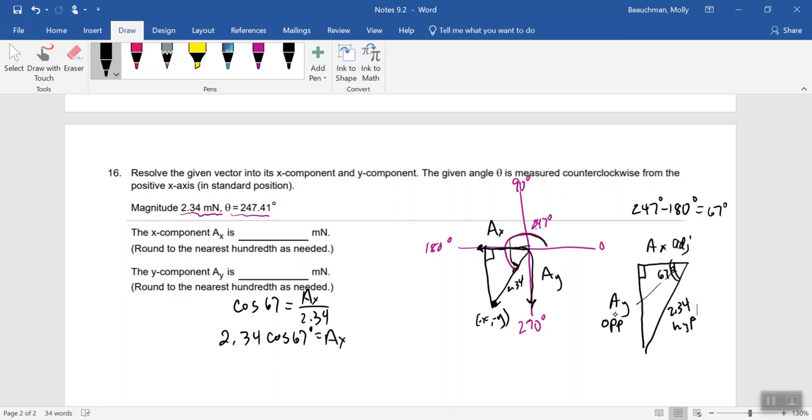Then to find a sub y, I need to have opposite and hypotenuse. That's going to be the sine. Sine of 67 is a sub y over the hypotenuse of 2.34. Multiply both sides by 2.34. Equals a subscript y, my y component and my x component. They're both going to be negative because they're in the third quadrant.